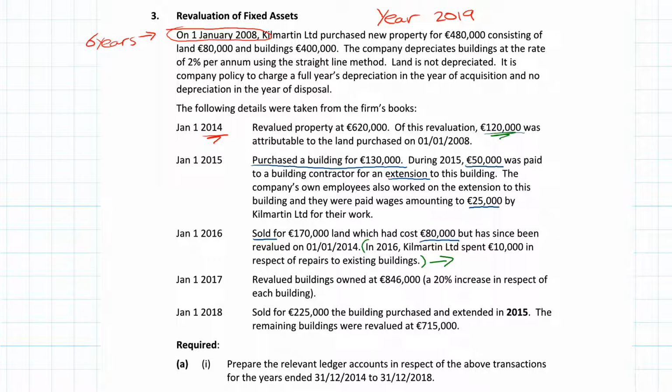So let's say it dropped in value to 110, and then we had to add back another 10 to make it 120. So nothing goes into land and buildings, okay? But we need to put it into a repairs account. So we're going to have to create a repairs account. So essentially money is leaving our bank account and going into a repairs account. But we add no value to the land and buildings account. And it doesn't affect our disposal.